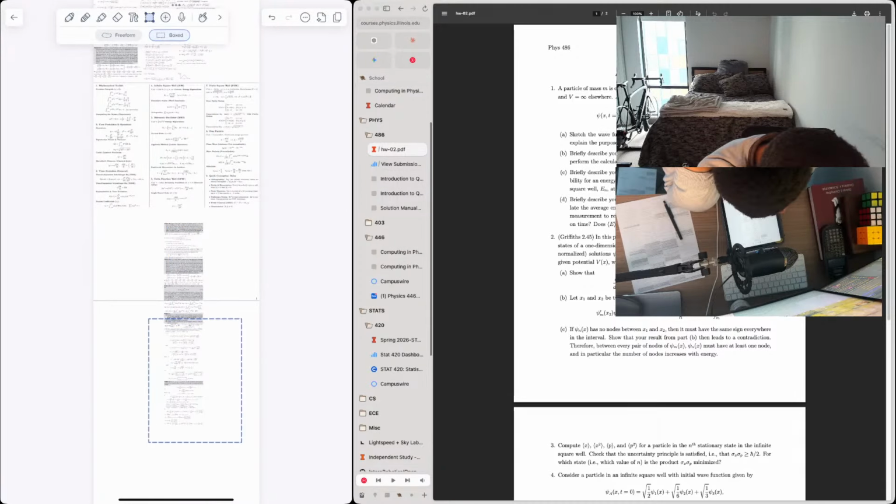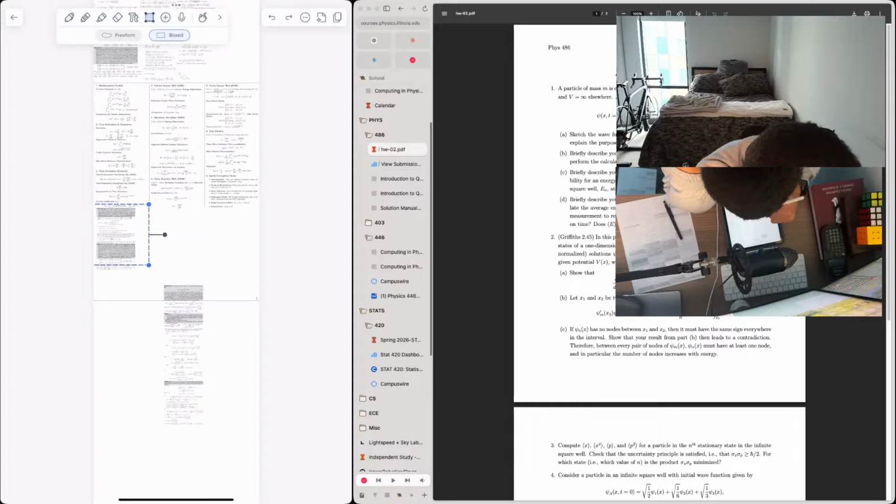But I'd split it into two columns. I guess I'd just split it into three columns.